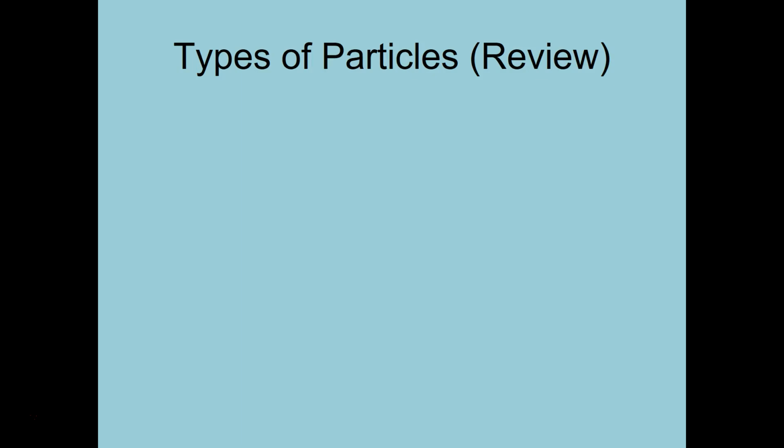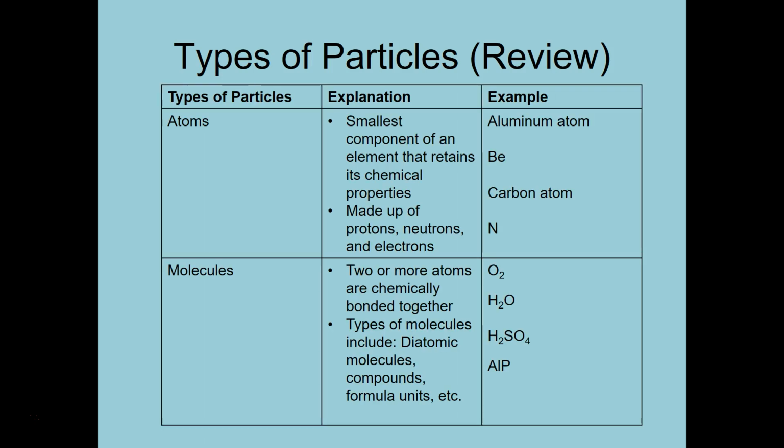All right, so a little bit of a review, and this is mainly because I see students using words as if they mean the same thing even though they don't. So an atom is the smallest component of an element that still has its chemical properties, and it's made up of protons, neutrons, and electrons. For example, aluminum atom, Be, carbon atom, N. Meanwhile, molecules are made up of 2 or more atoms, and they are chemically bonded together.